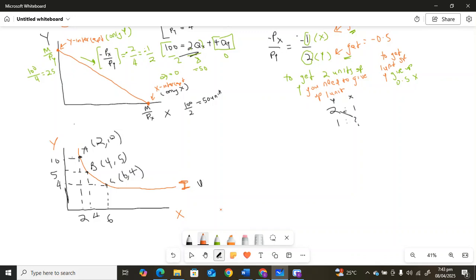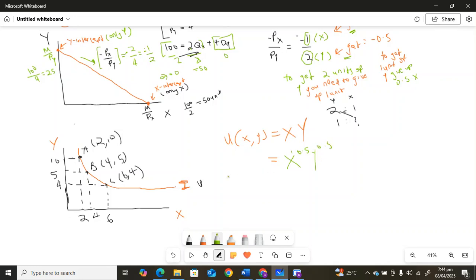For indifference curves, usually you'll first be given a function. Usually the function looks something like this. Other times you see the function with exponents like this.